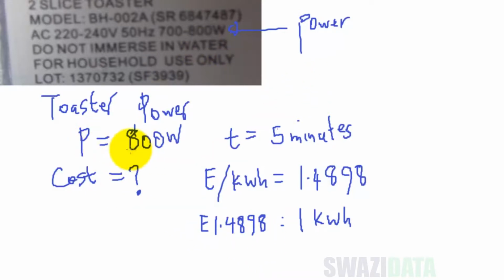So let's calculate how many kilowatt hours are used in 5 minutes.